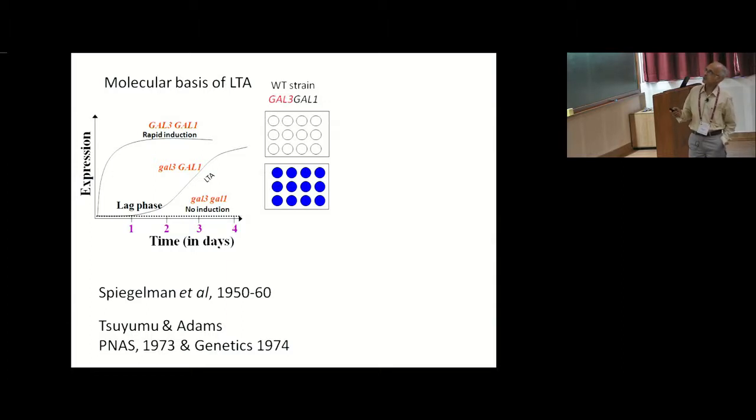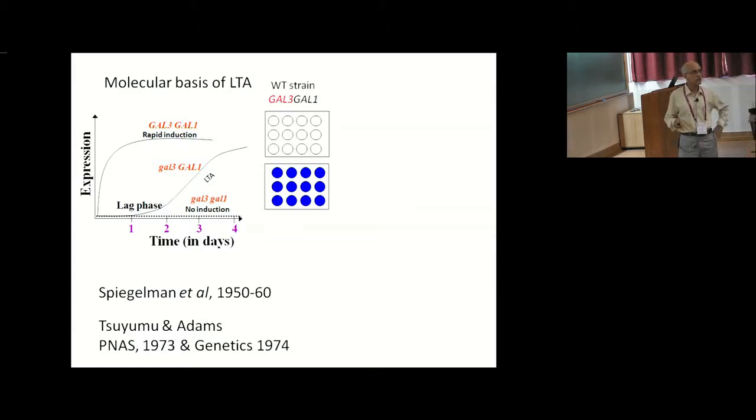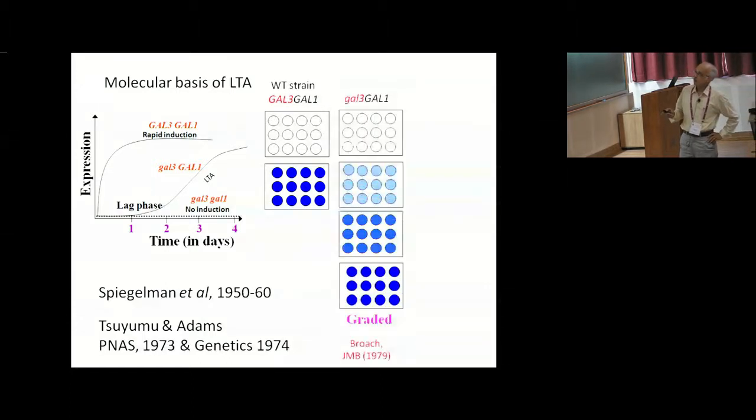Just imagine this: each circle represents a cell. This is the wild type strain. The moment you add galactose, Gal3 senses that and all the cells are turned on. What was proposed in 1979 to explain this long-term adaptation is the following.